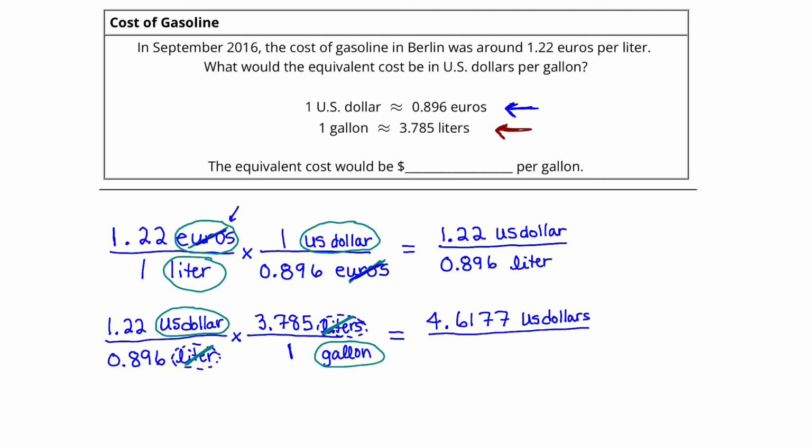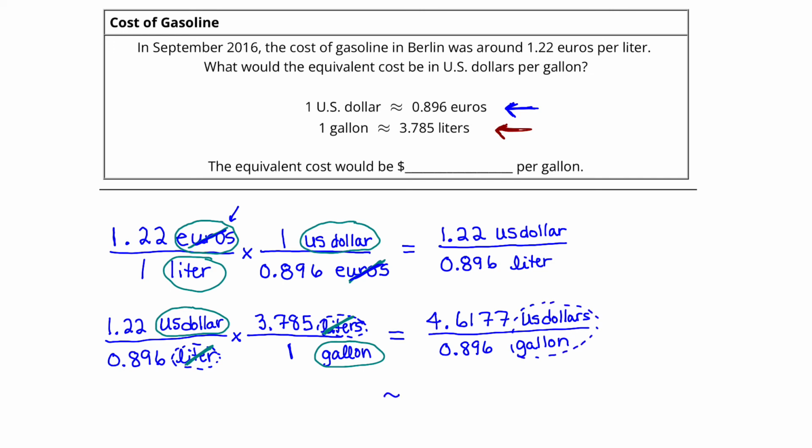And that's going to be divided by 0.896 times 1, or 0.896. And the units in the denominator are gallons. So we have 4.6177 US dollars divided by 0.896 gallons. I have my desired units, which is dollars per gallon.